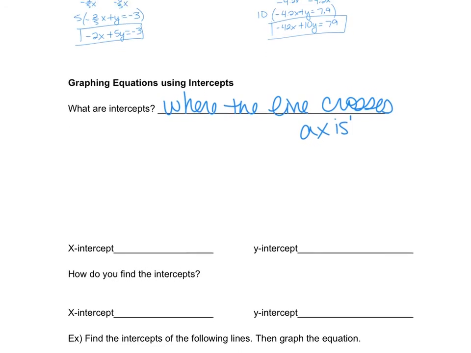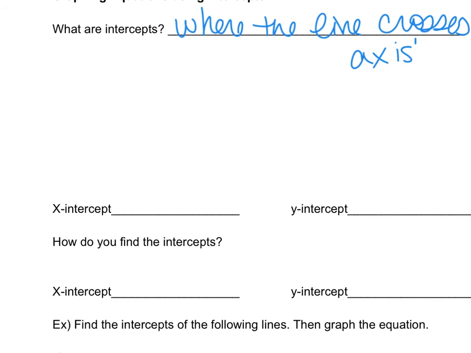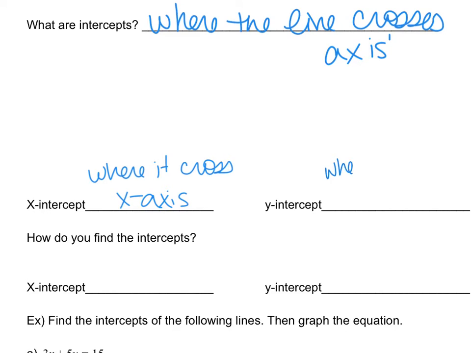That's not correct. It's axes. Okay, so the x-intercept is where it crosses the x-axis. So the y-intercept has to be where it crosses the y-axis.